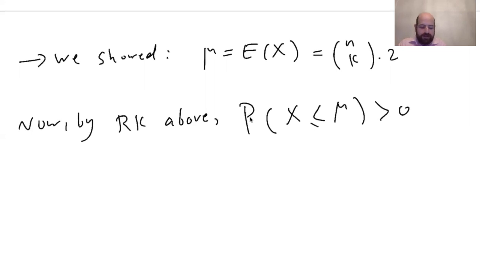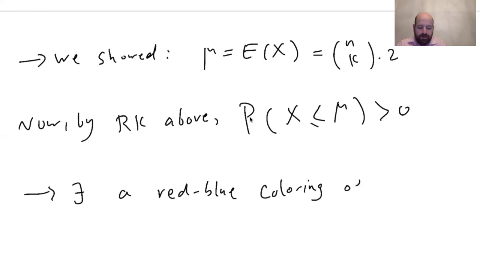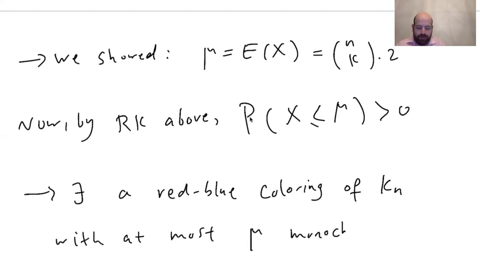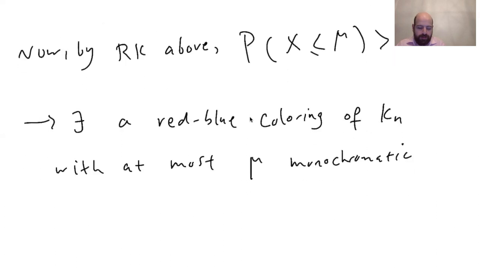That means there exists a red-blue coloring of K_n with at most mu monochromatic copies of K_k.